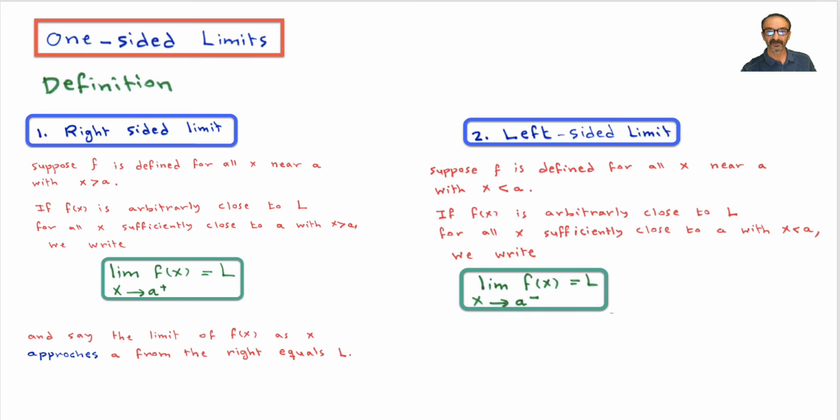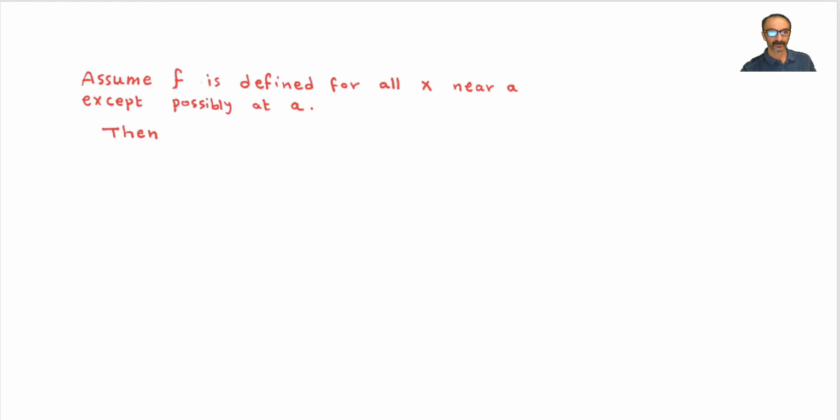And we write limit f of x as x approaches a from the left equals L. Alright? Now, assume f is defined for all x near a, except possibly at a. As I said, this is for continuity later on.